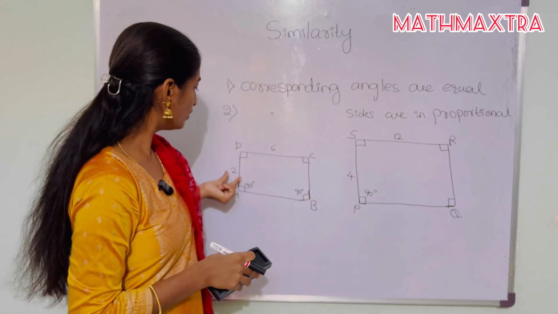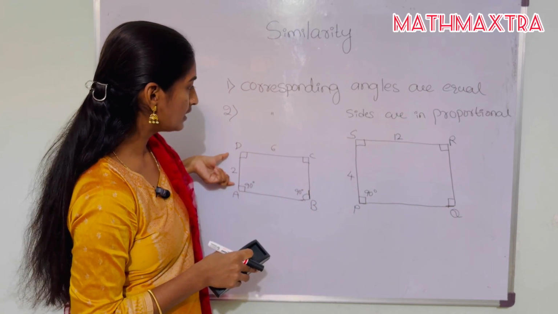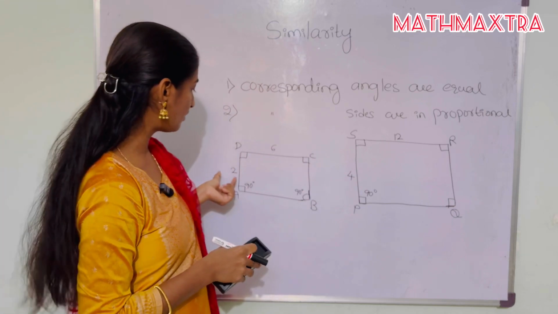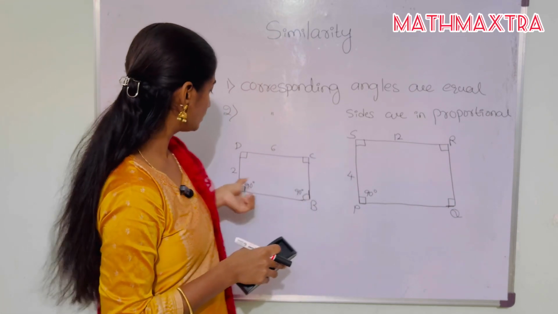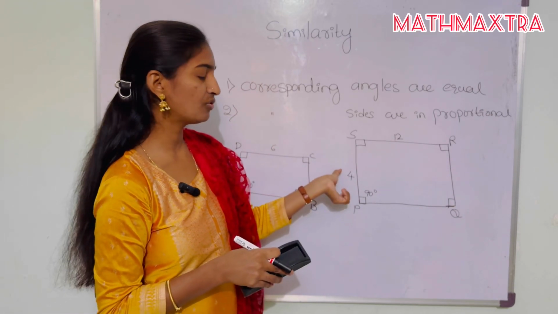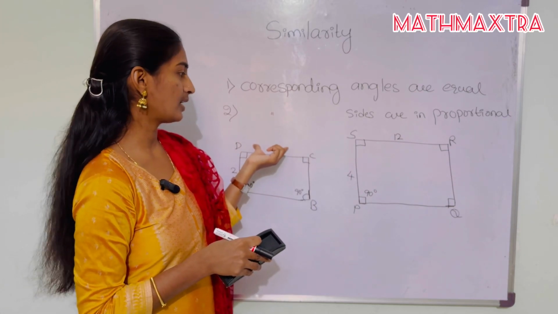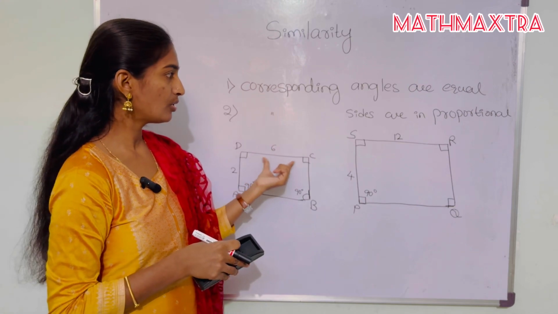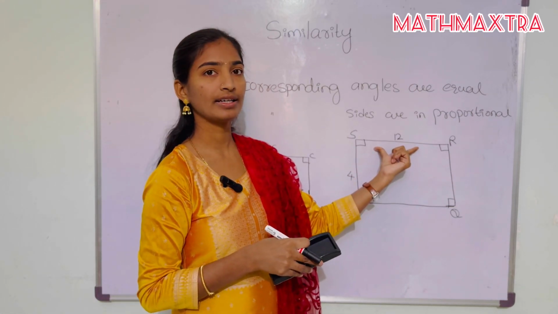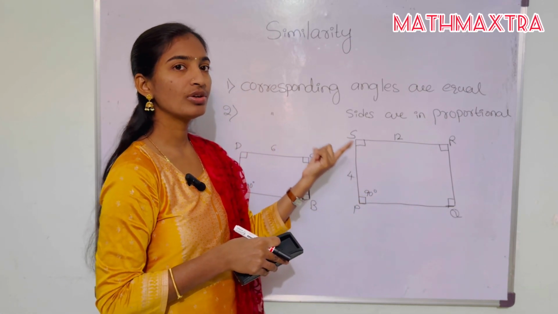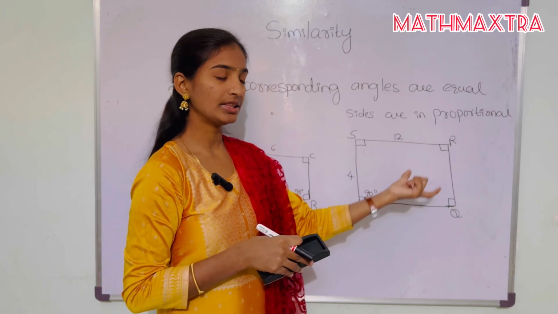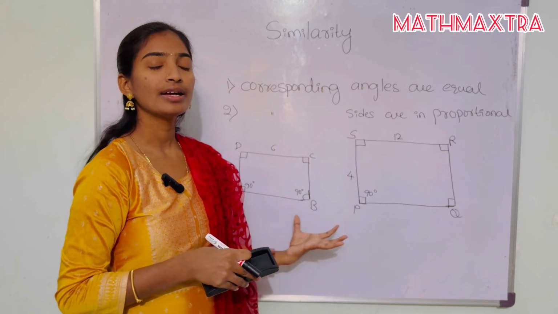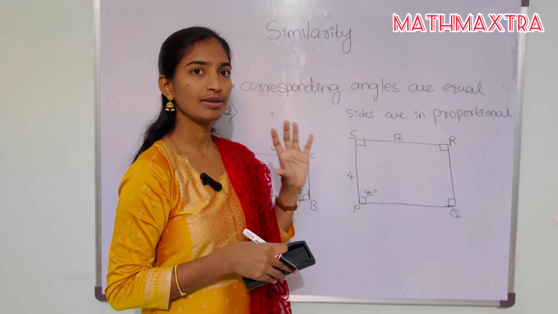So if you increase the width 2 times, suppose I am increasing the width 2 times, 2 to 4, okay. The next case, length I am taking 6 centimeters. Similarly in the other rectangle, if we also increase 2 times, then both figures represent similarity.